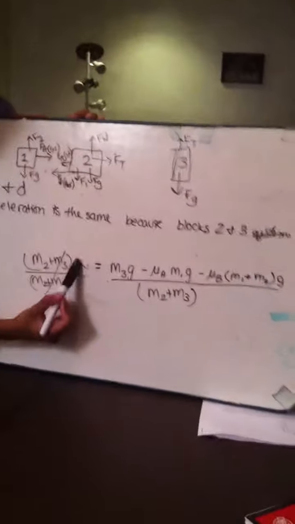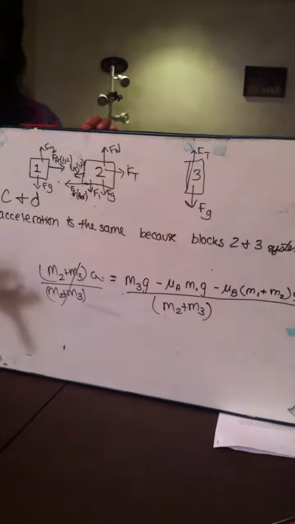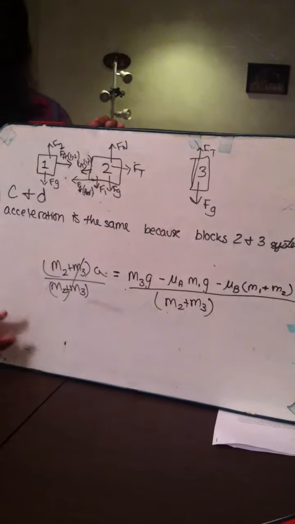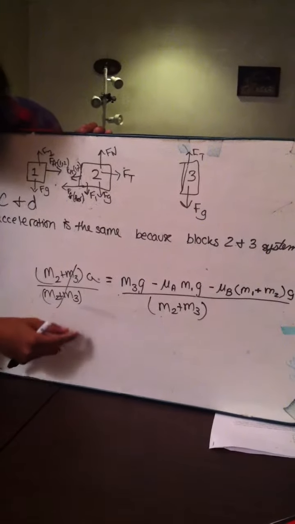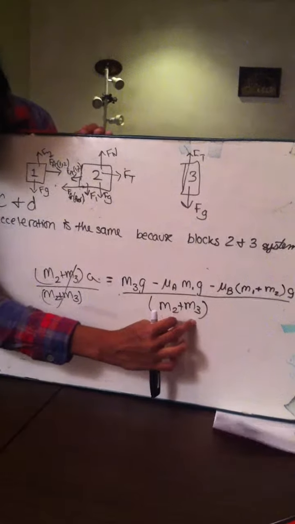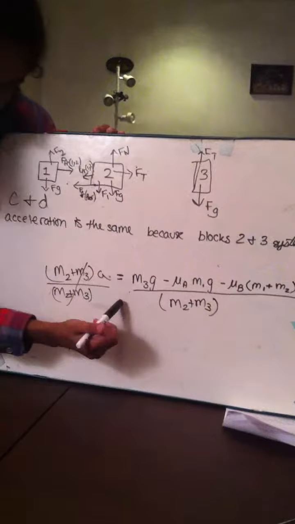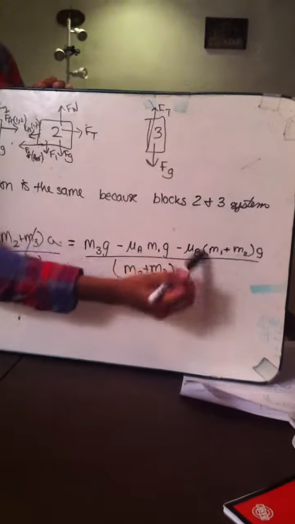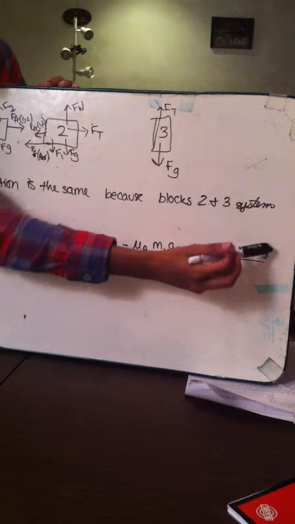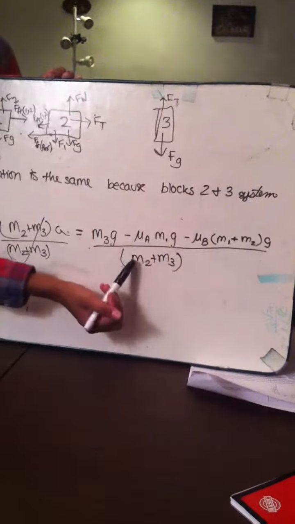So if you're solving for the acceleration for both box 2 and box 3, you simply divide by the masses of the two blocks. You get acceleration equals M3g minus μA M1g minus μB (M1 + M2) g, all over M2 plus M3.